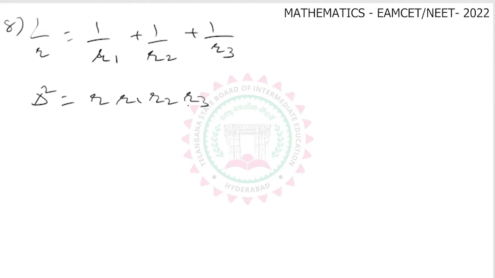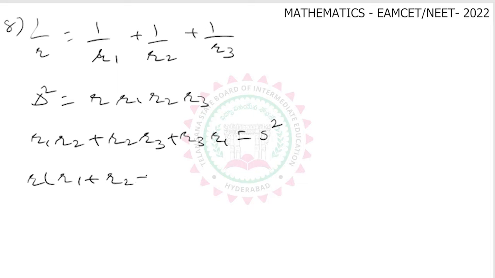One more is there, that is r1 r2 plus r2 r3 plus r3 r1 is equal to s square, and r into r1 plus r2 plus r3 is equal to ab plus bc plus ca minus s square.